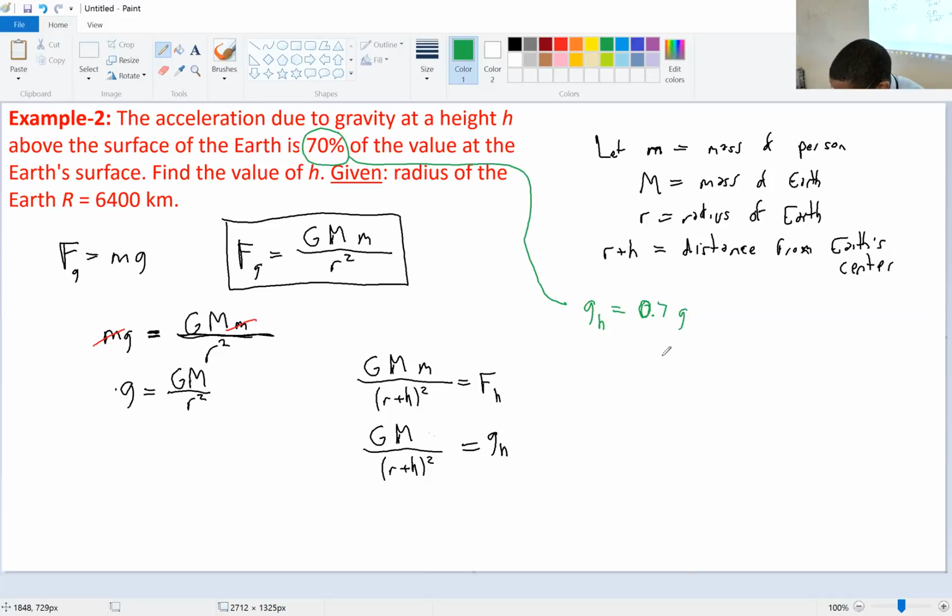So I can just go ahead and manipulate this to get that. And ultimately, that's what we need to end up with. So the ratio of this to this is that.